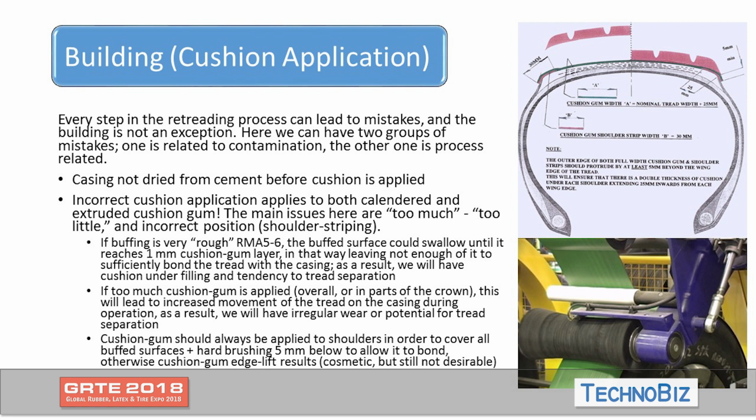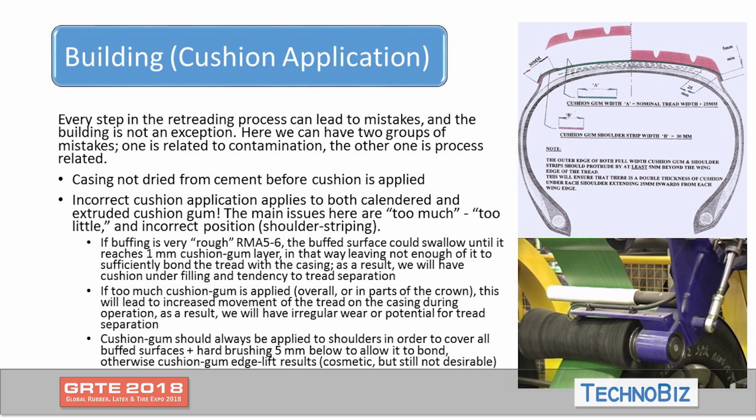Cushion application. The cushion is another important step, and one of the problems that I see is that they apply the cushion gum when the cement is not dried yet, which drives into gasification when the tire is in the process of being cured, and the gasification prevents the bonding between the rubber, the new thread, and the casing.